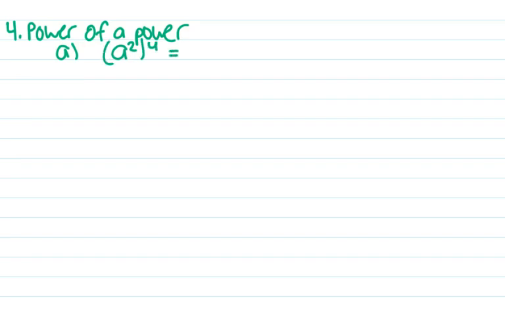If we expand that out, we have a squared times a squared times a squared times a squared. Now, if I go back to the multiplication rule, if I'm multiplying numbers with the same base, I can add their exponents. So this, simplified, would be a to the power of 2 plus 2 plus 2 plus 2, which is a to the power of 8.